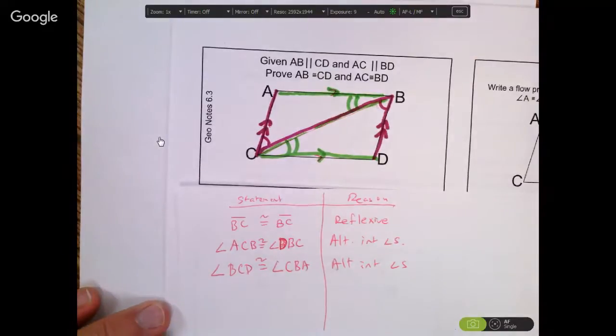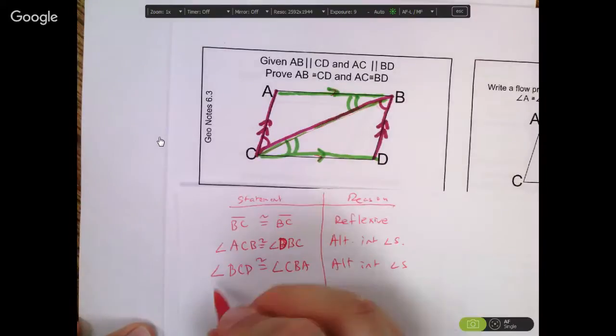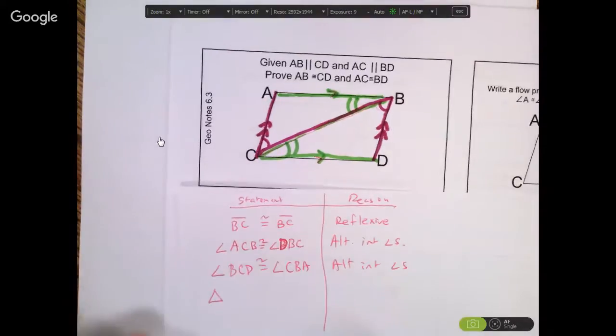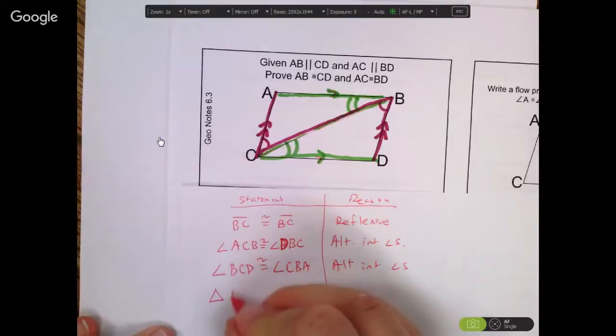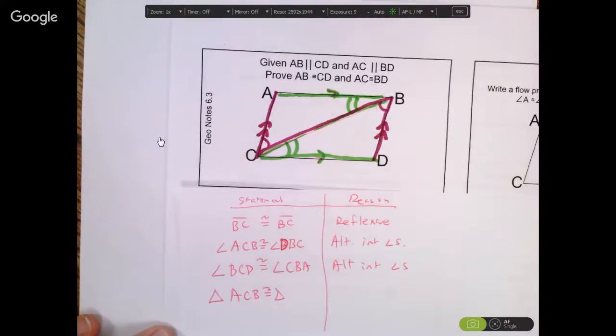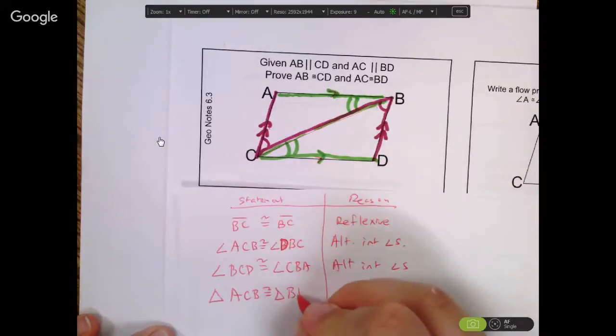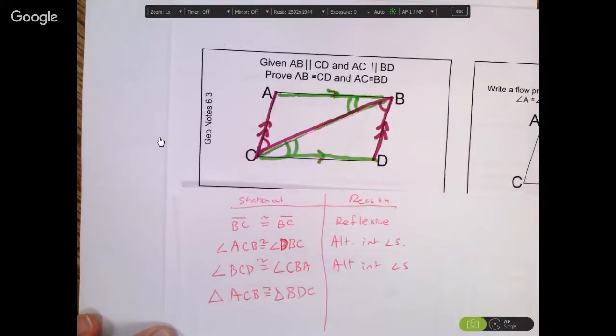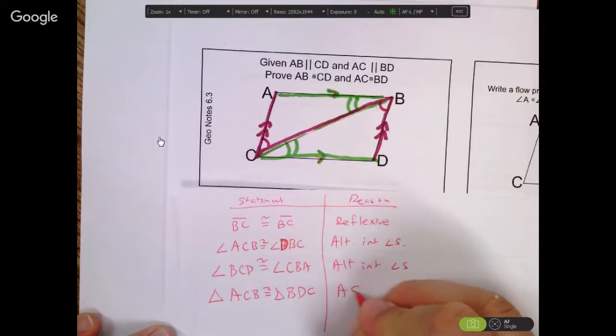Okay, and then what? The triangles are congruent. Triangle ACB is congruent to BDC. How do we know that? Because of angle side angle.